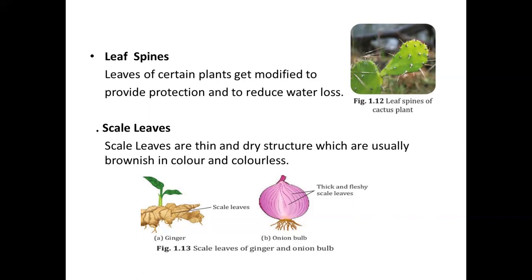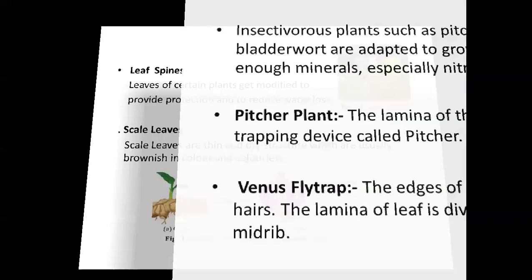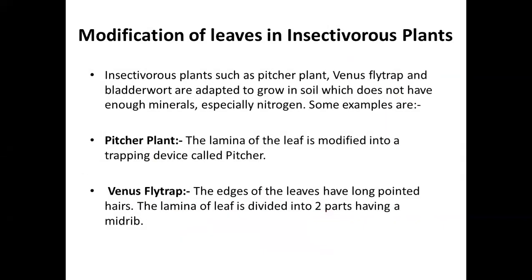So the next topic of the chapter is modification of leaves in insectivorous plants. And you know that pitcher plant, Venus flytrap, and bladderwort grow in the soil, but these plants are not getting enough minerals from the soil, especially nitrogen.